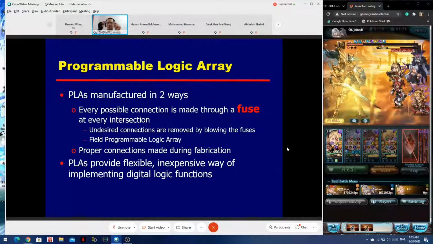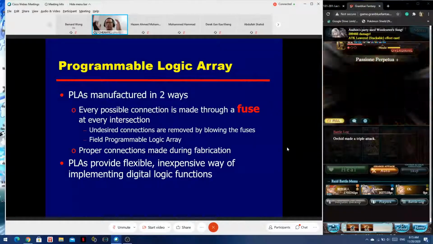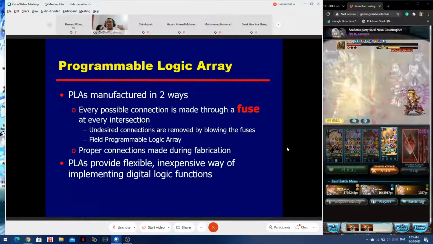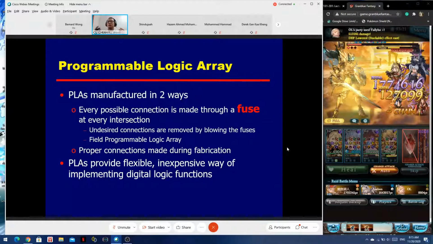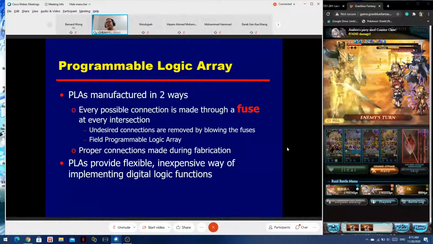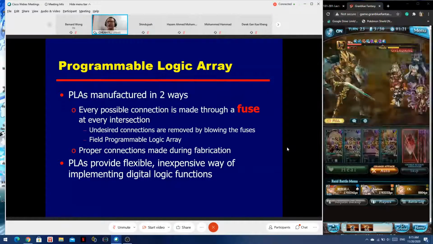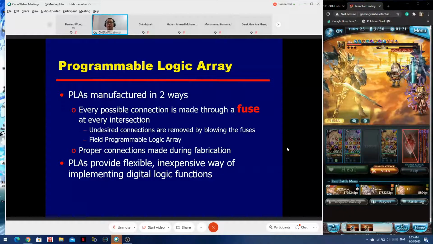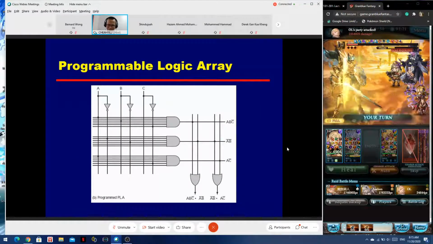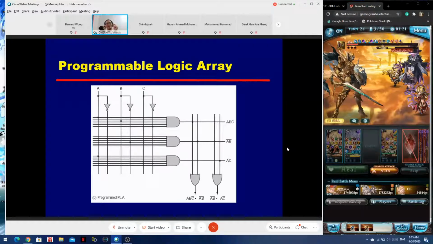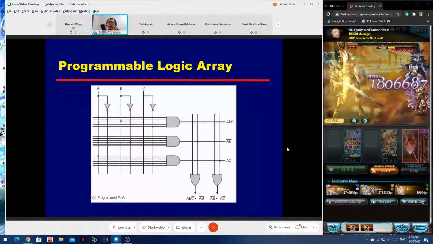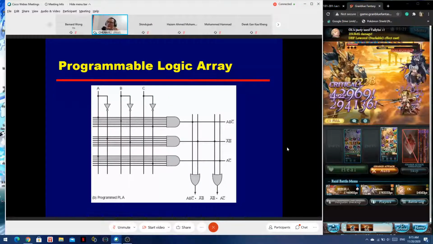Now, how the PLA is programmed is by fusing the connections. That means when a customer wants a particular function to be implemented, the manufacturer will get all these specifications and fuse certain connections together to implement that particular function. For example, on this diagram, I hope you can see those little dots where the connections are finalized or fused.